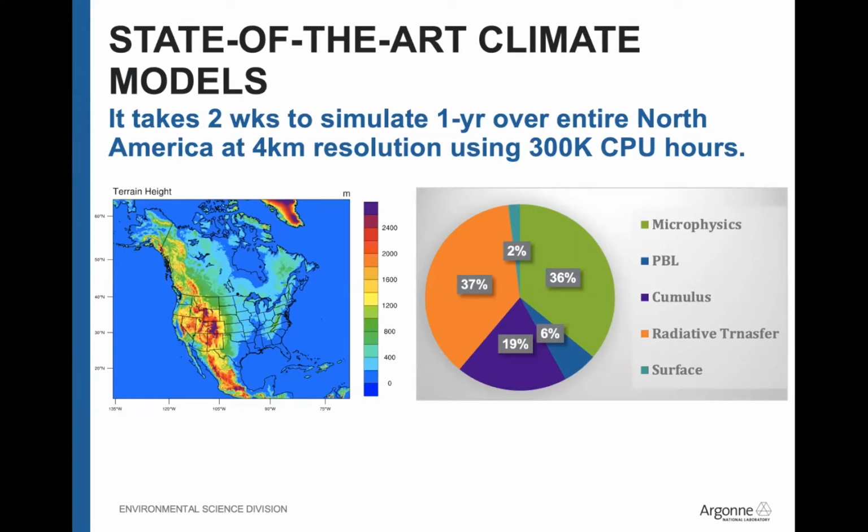Even though we have developed such models, and there are dozens of models developed by different institutes, different countries, at different resolutions or different accuracy, using the state-of-the-art climate models, as we can see, if we would like to simulate such a large domain covering North America, simulating 1 year of data will take even more than 2 weeks to reach a spatial resolution of 4 kilometers, which is about 3+ miles.